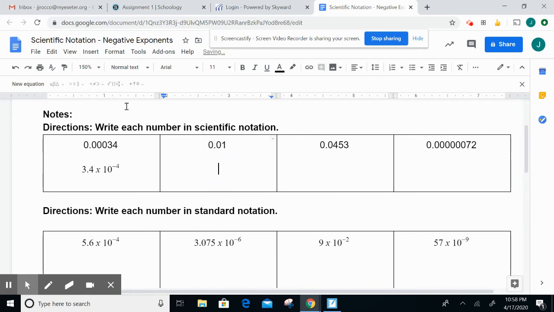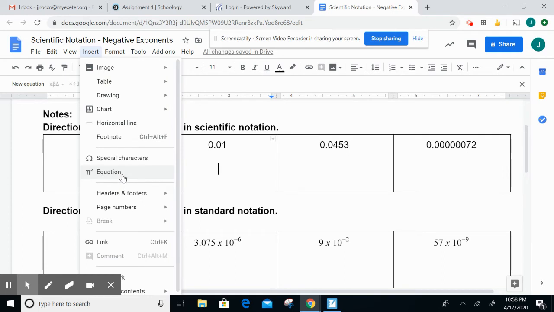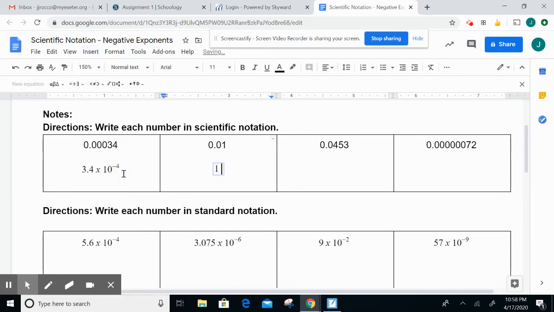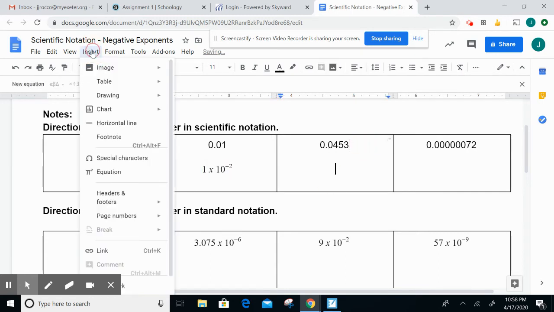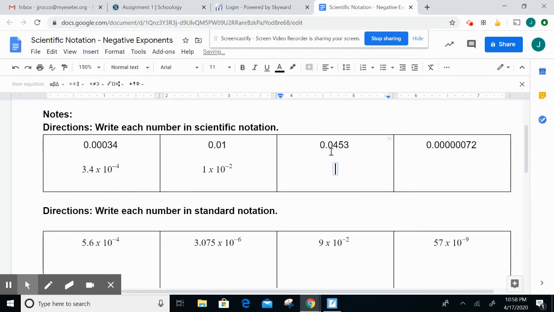And then same thing here. Insert equation. It was 1 times 10 to the -2. All right. Insert equation. We're going to move that decimal 2 again, so that it is between the 4 and the 5, 4.53 times 10 up to the -2 again.